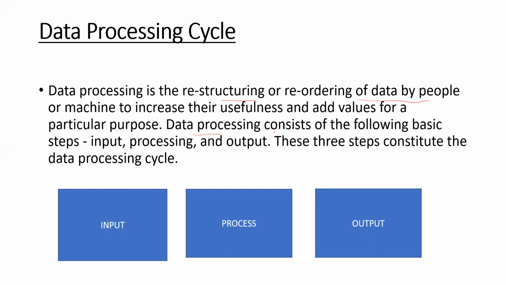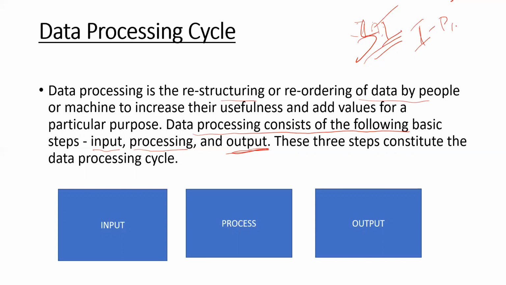Data processing consists of the following basic steps. First it needs input, then it needs to be processed, and then it needs to be output. These three steps are very important. For example, if I am asked to find the simple interest, what will be the input?